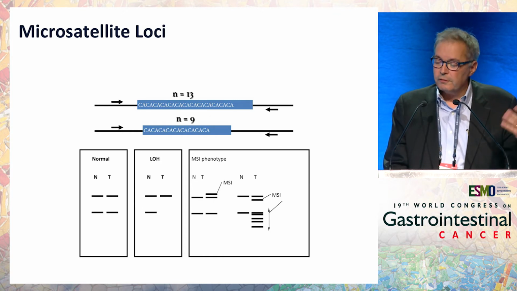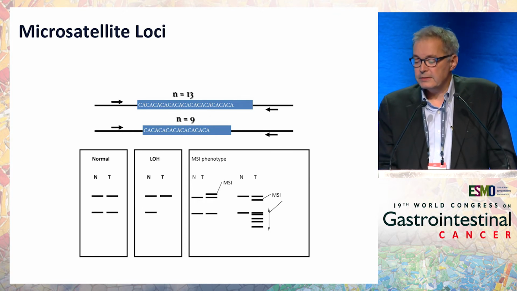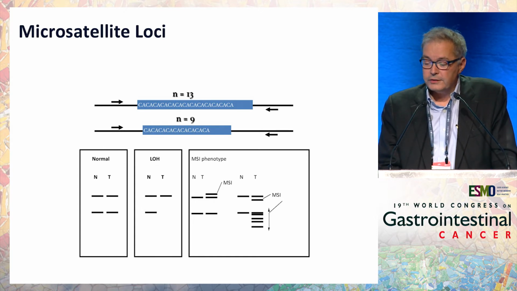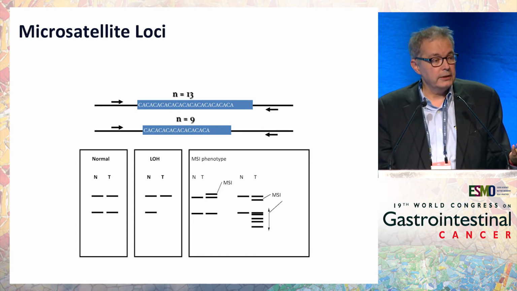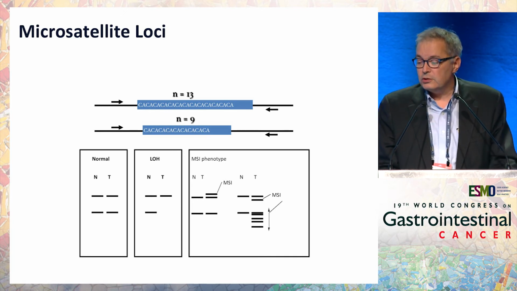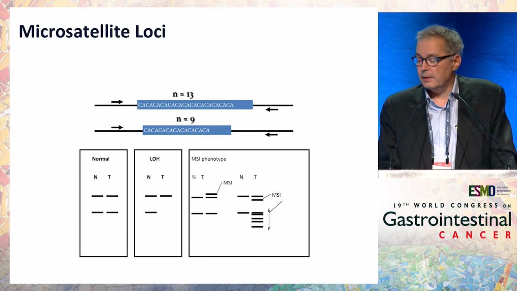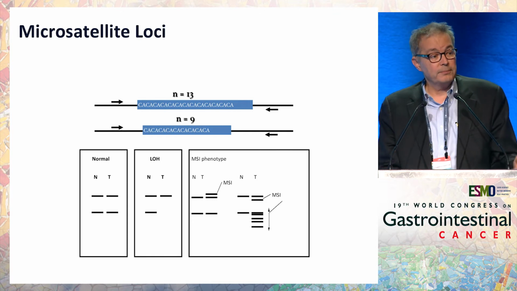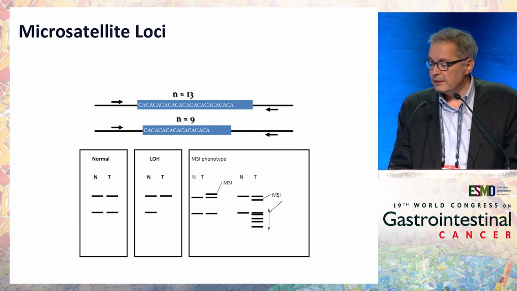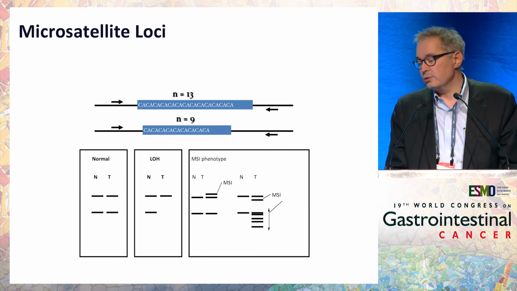So what we observed, let's say 10 years ago or 20 years ago, is that in some cases you have lost one allele in the DNA extracted from the tumor, which is due to the loss of the segment of the chromosome that bears these loci. And the MSI phenotype, which is microsatellite instability, is due to the accumulation of new alleles in the tumors.